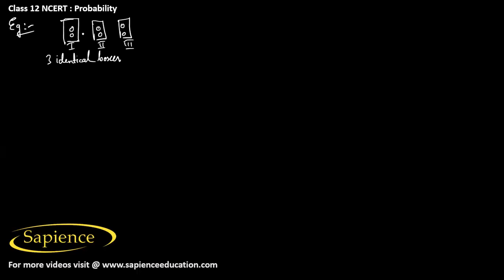In box 1, both coins are gold coins. In box 2, both are silver coins. And in box 3, one is a gold coin. Suppose I shade the silver coins and the unshaded ones are gold coins. So here we have one silver and one gold coin.